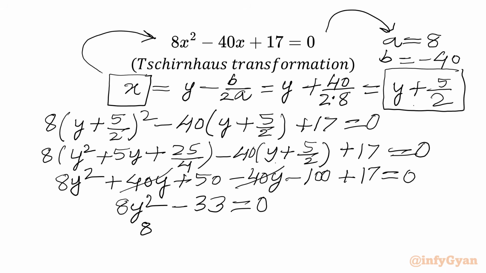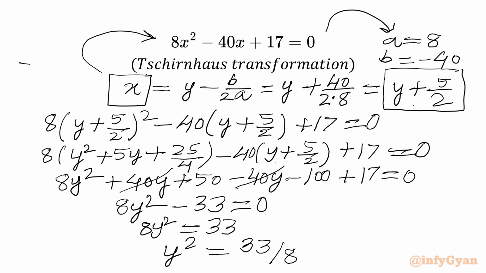We will take minus 33 to the right hand side. So 8y square equal to 33. By dividing by 8 both sides, we will get y square is equal to 33 over 8. Now we will take the square root both sides. Remember, x is y plus 5 over 2.